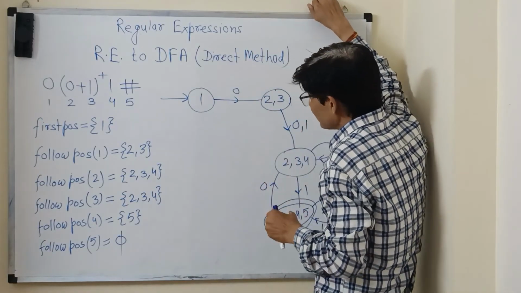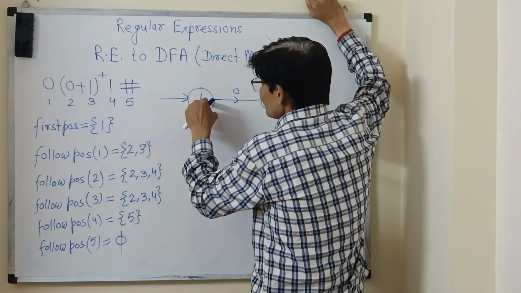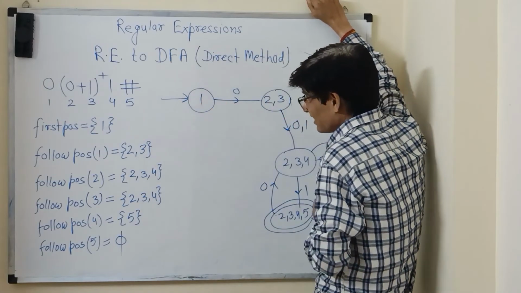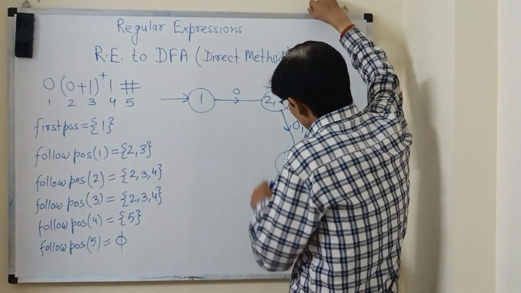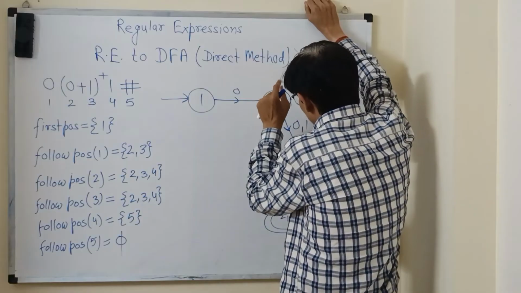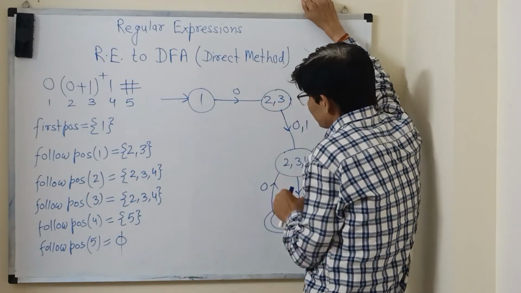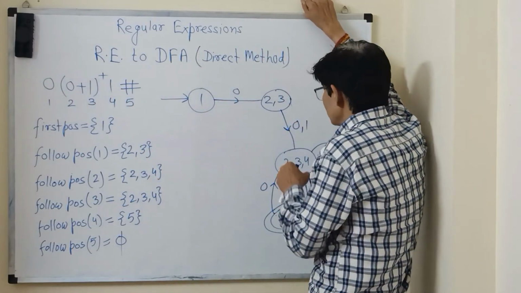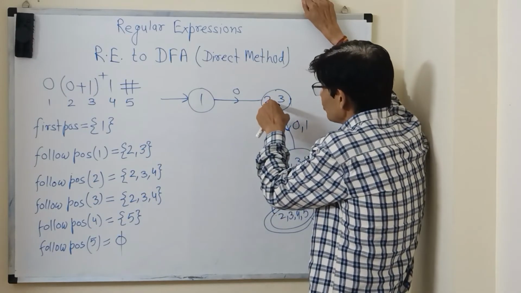Now, as there is no number assigned to 1 in state 1, we will not create any transition on 1 from this state. Now we will see the transition for both symbols from the state 2, 3. Here 2 is assigned to 0, so to see the zero transition, we will take the follow of 2.